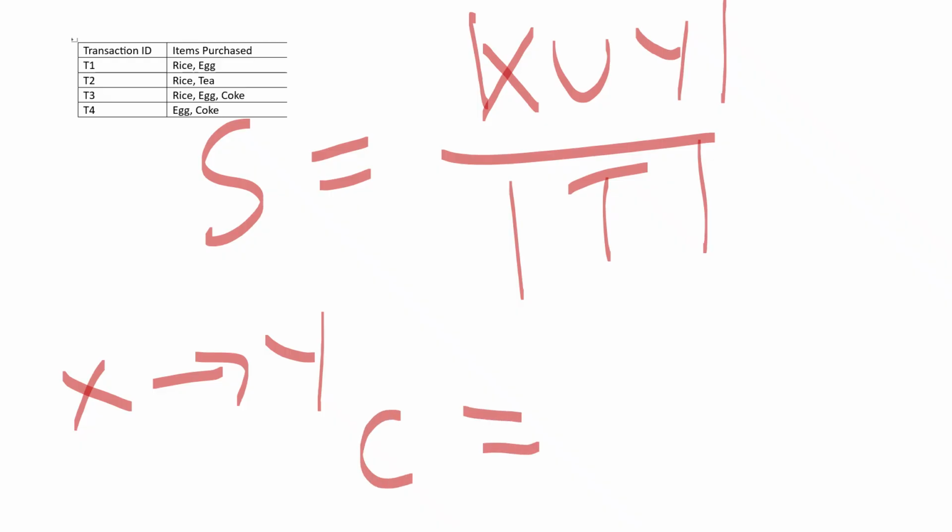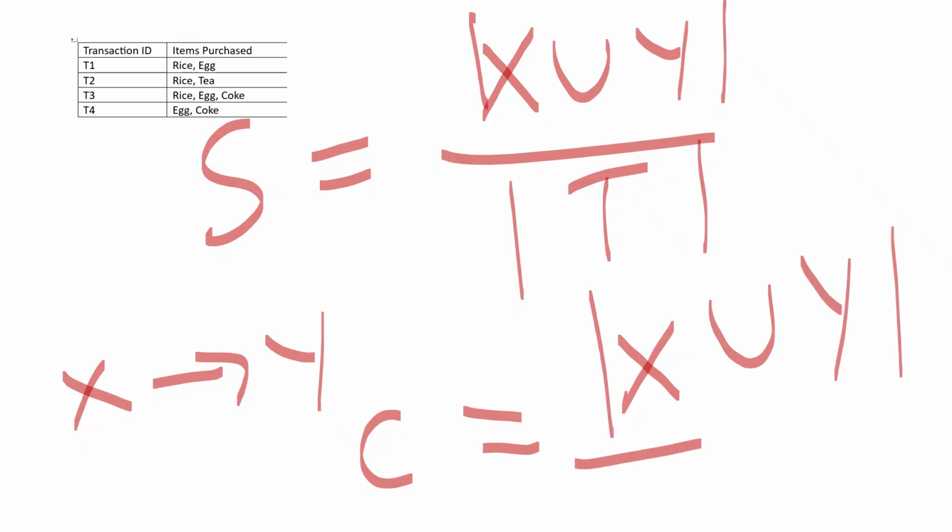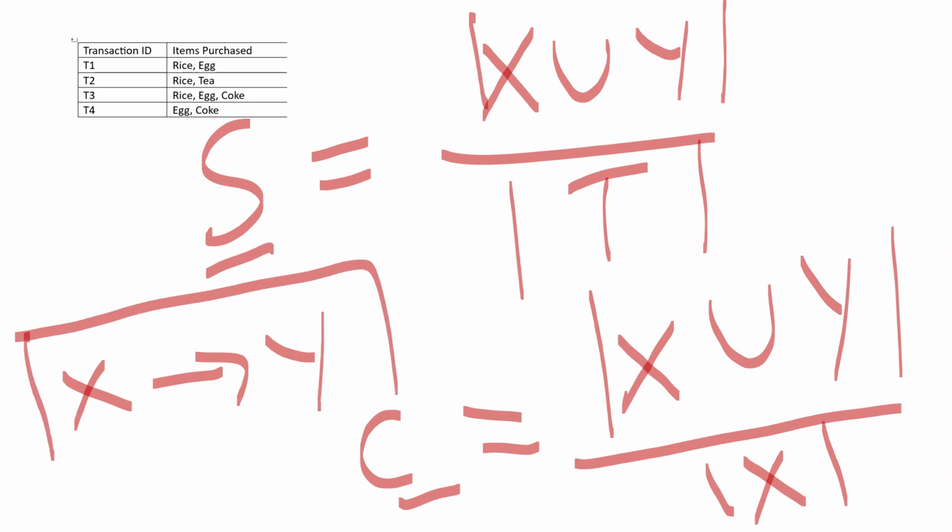This can be measured by how many times X and Y occurred together in the transaction ID divided by how many times X alone comes in the database. So here also we are having minimum support and minimum confidence. If minimum support and minimum confidence are satisfied, we can say that this is an association rule as per this database.